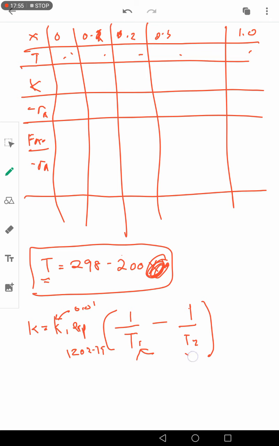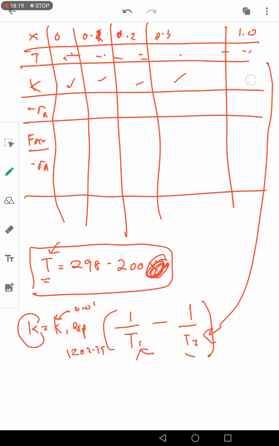So nilai T ni lah you akan cari. You masukkan nilai T dalam T2 ni, in which T1 ni kekal as 300, so you boleh dapatkan nilai K dekat sini.